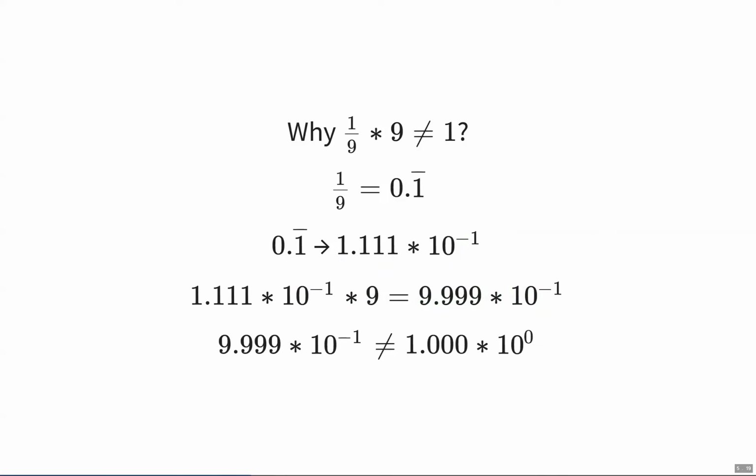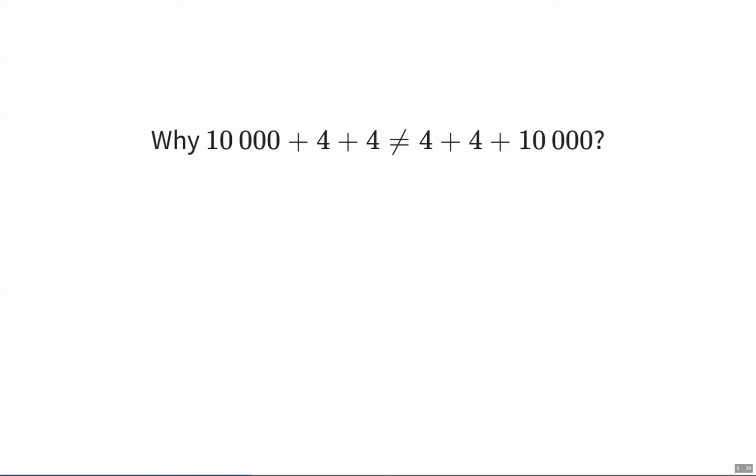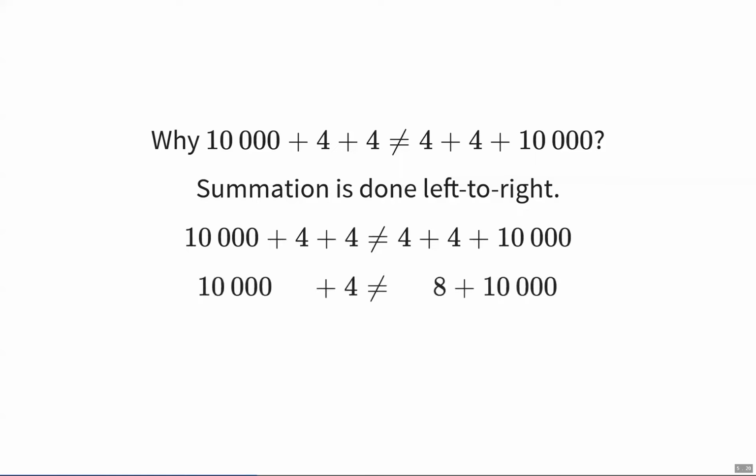And of course, finally, the difference between adding the numbers starting with the big one or the small one. Summing is done left to right, right? So when we start summing, 10,000 plus 4 is still 10,000. We have just seen why this happens. On the right, we see 4 plus 4, this is 8. This is simple. We do have the precision for this.